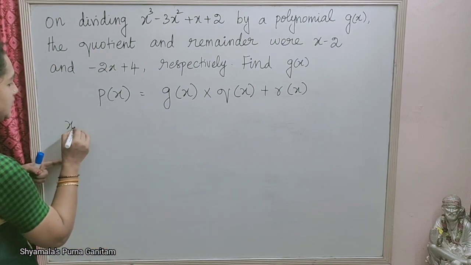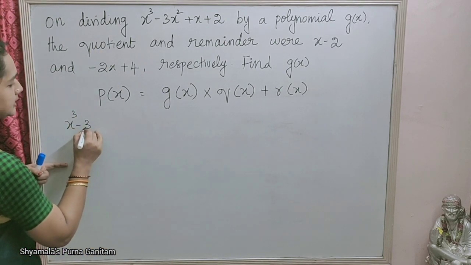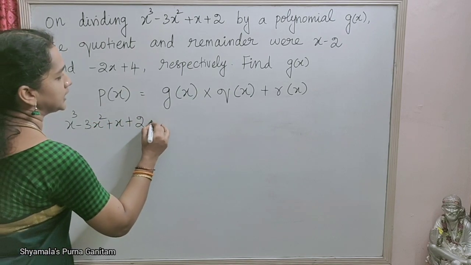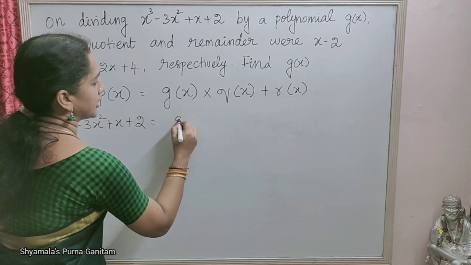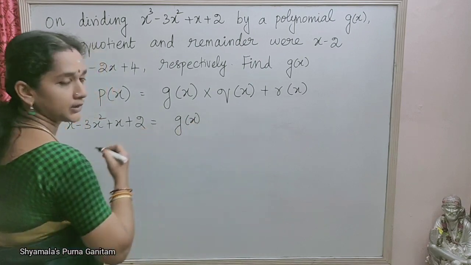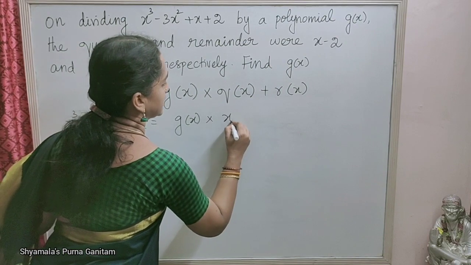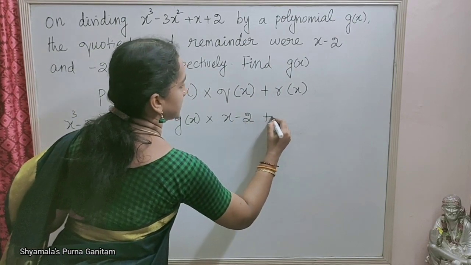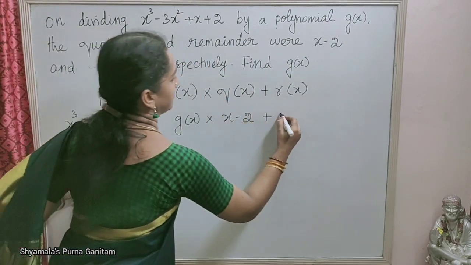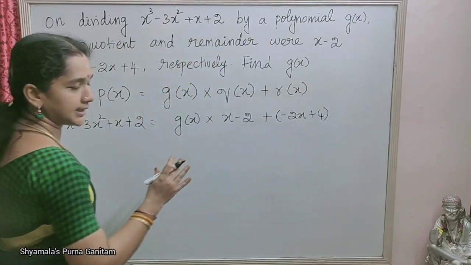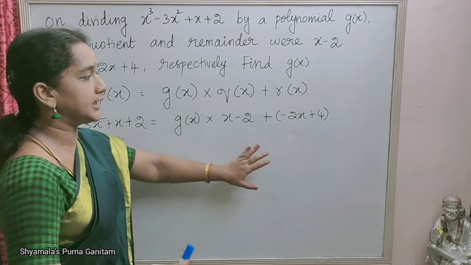What is given? x cube minus 3x squared plus x plus 2 is equal to G of x, you are asked to find, into quotient. What is the quotient given? x minus 2, plus what is the remainder given? Minus 2x plus 4.